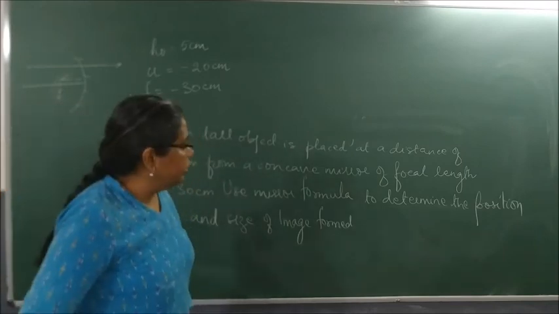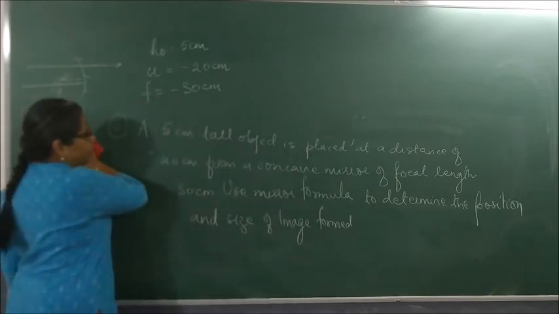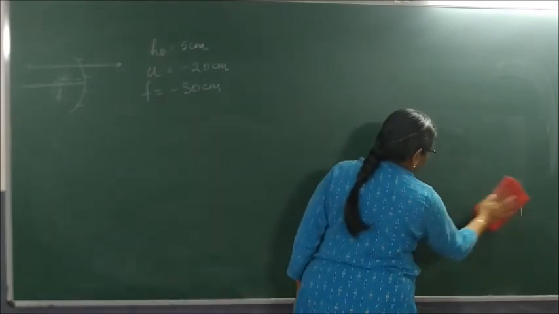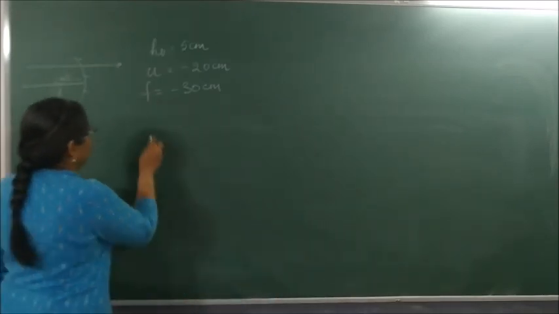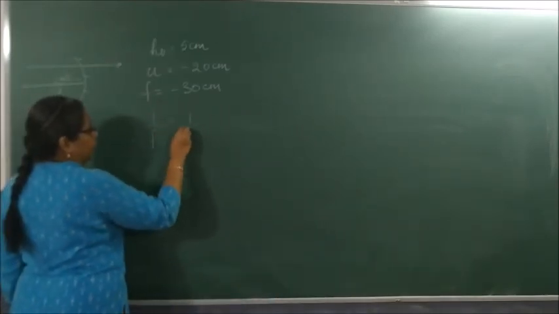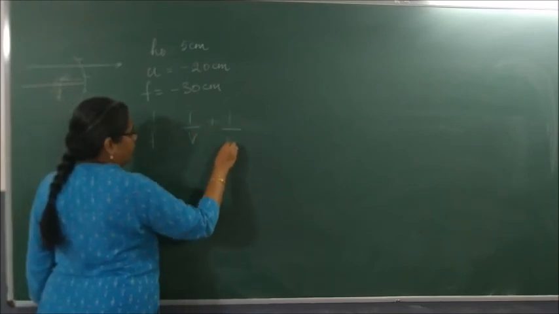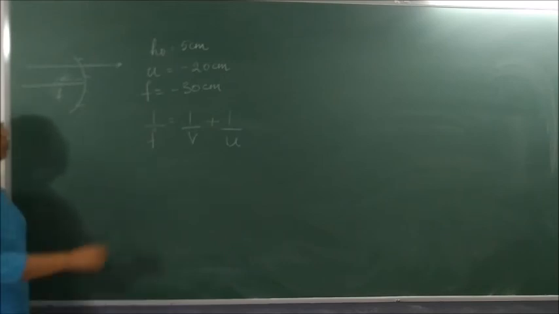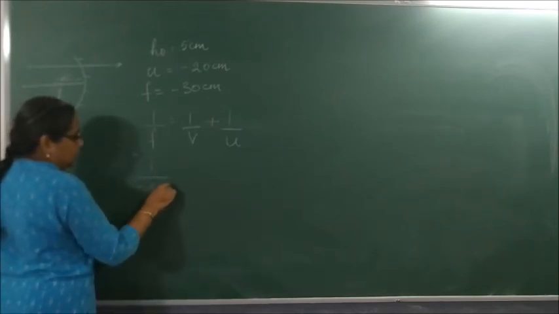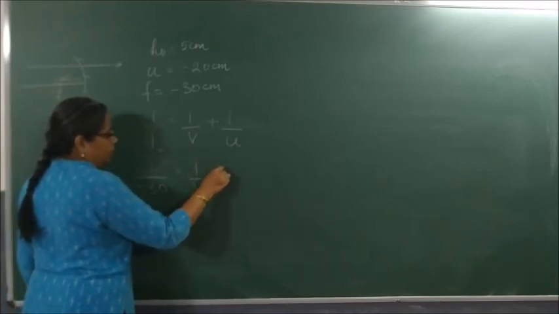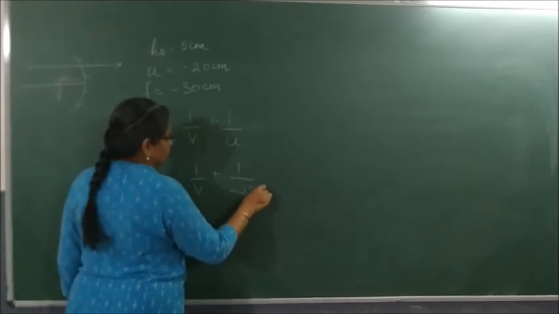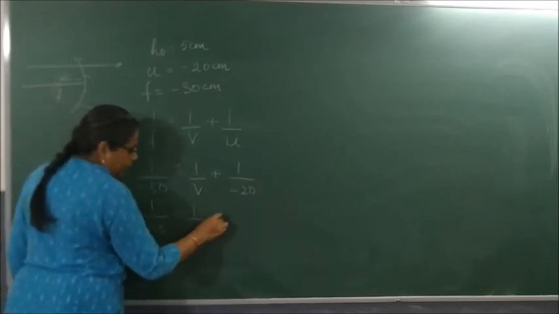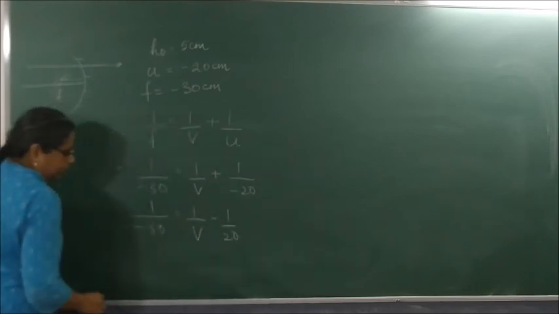Using the mirror formula to determine the position and size of the image formed. What is the mirror formula? 1 by F is equal to 1 by V plus 1 by U. Mirror you add, lens you subtract. So 1 by minus 30 is equal to 1 by V plus 1 by minus 20, which is 1 by V minus 1 by 20.